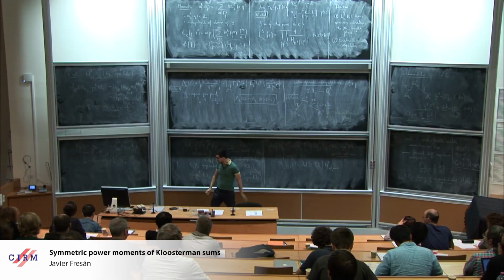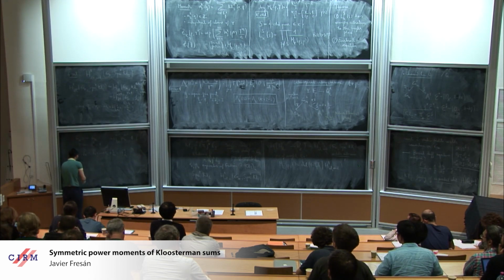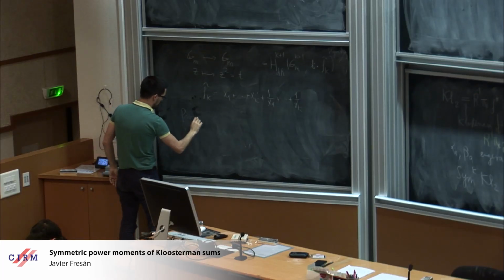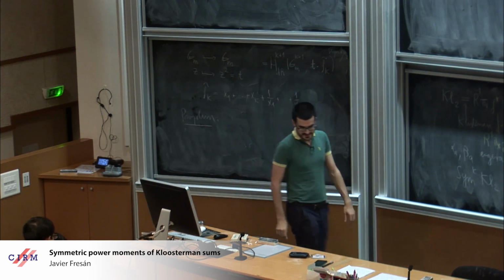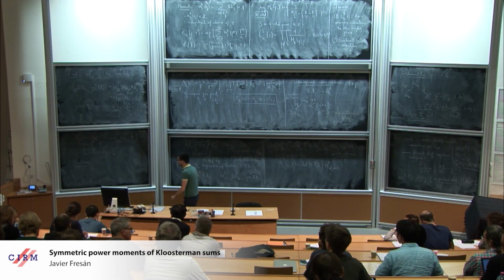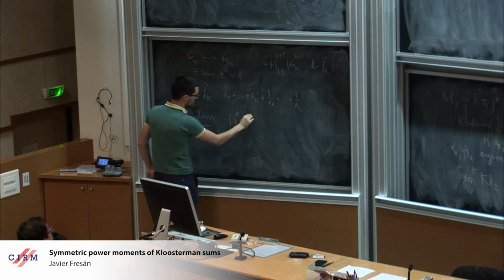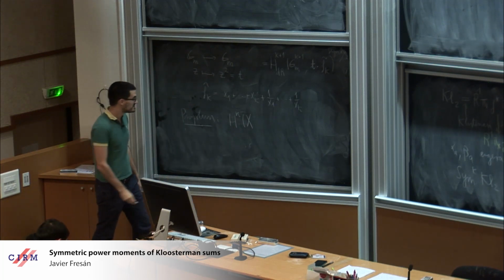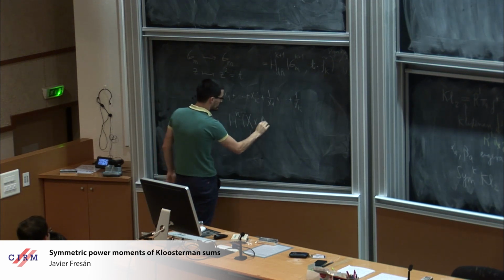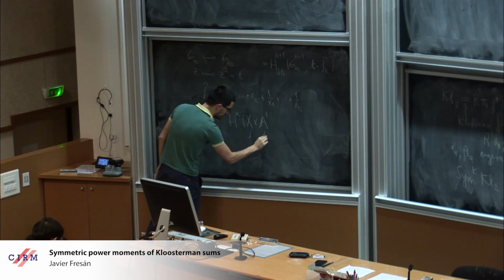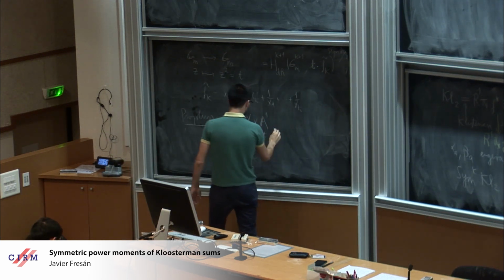And now the proposition I want to use is that if I have an exponential motive of the form, I take a variety X, which comes with a function f, I take the product with the affine line with coordinate t, and then as a function I put t times f.